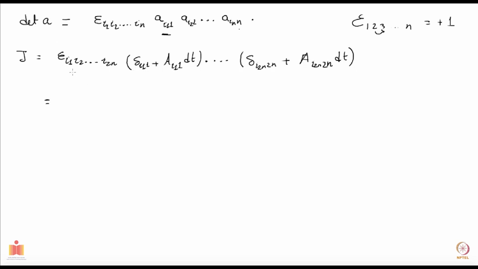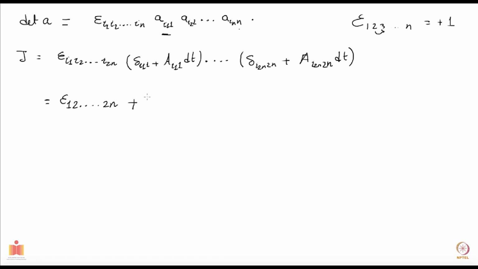So these deltas will force i1 to be 1, so it will become epsilon_1. Then i2 will be forced to 2, so it will become epsilon_{1 2}, and similarly i2n will be forced to be 2n. So one term you are going to get is epsilon_{1 2 ... 2n}. Okay, so that's the term without any dt.